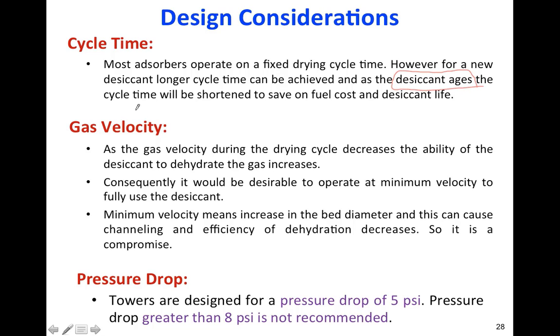If my solid particles are old, they may need more cycling time. If they are fresh, they need less cycling time.